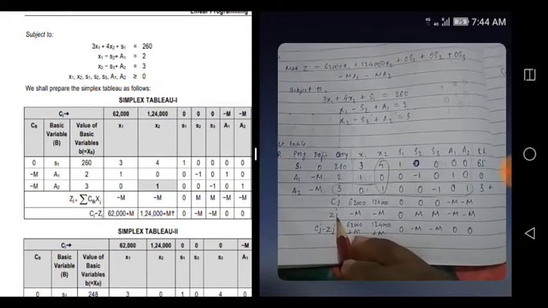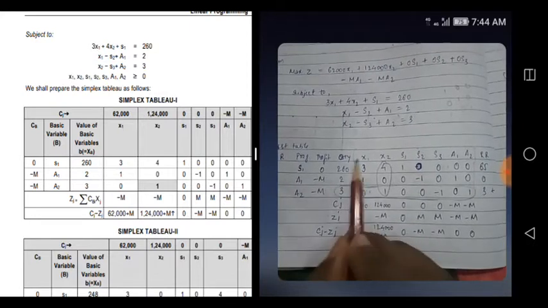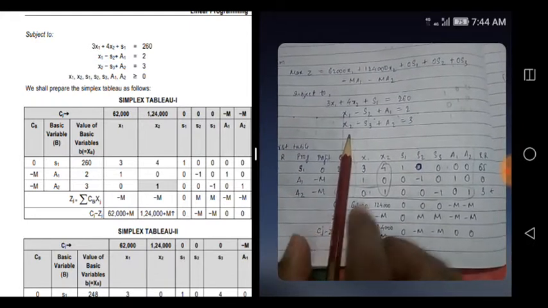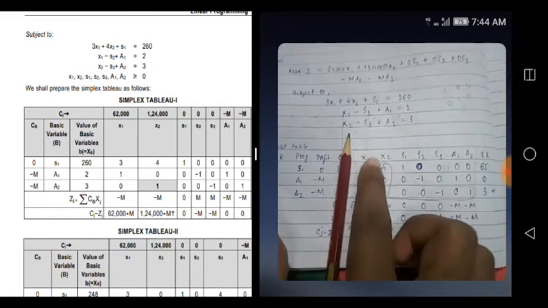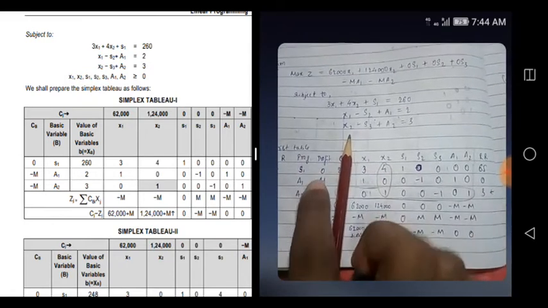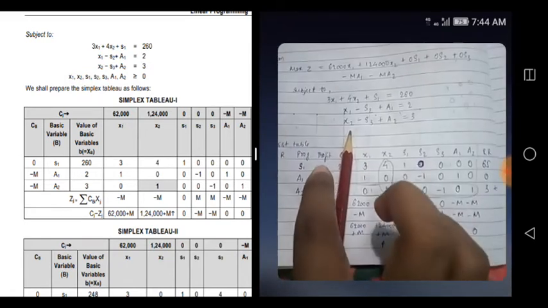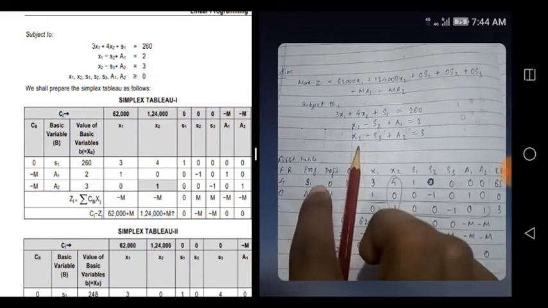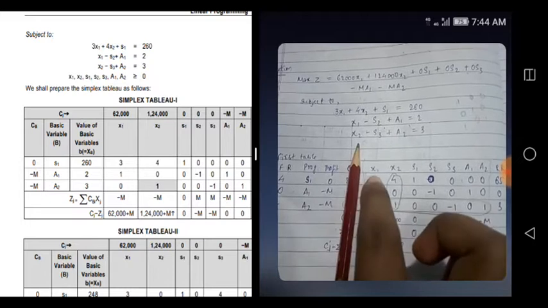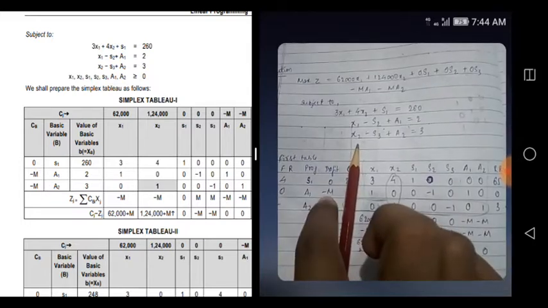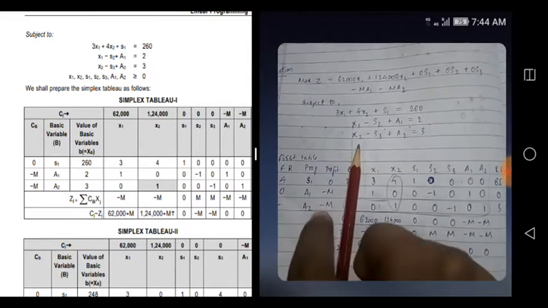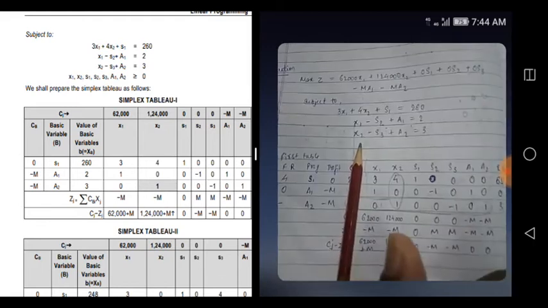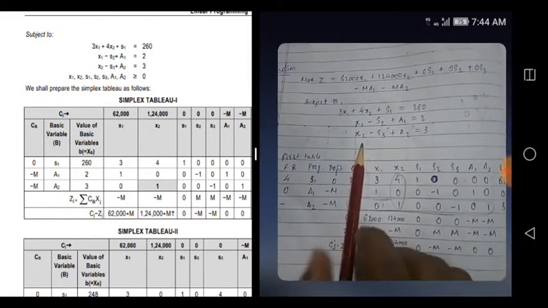Now Zj is nothing but, see, this x1 is there, no? This x1 and the profit column, these two you have to use. For example, for S1, just see, 0 into 3 plus minus M into 1 plus minus M into 0. The total of that you have to write here.